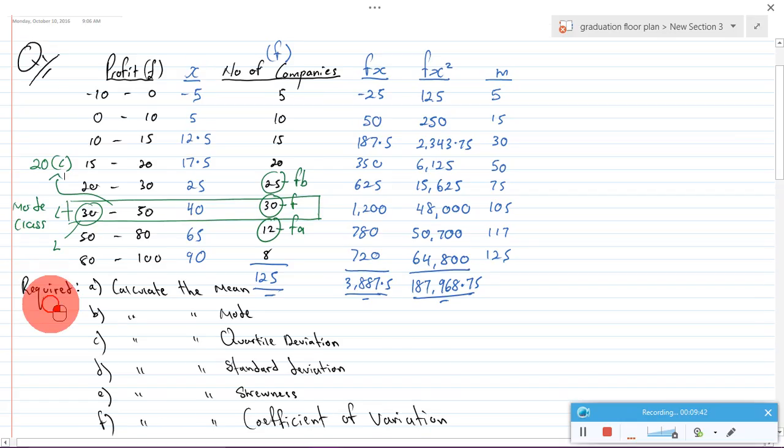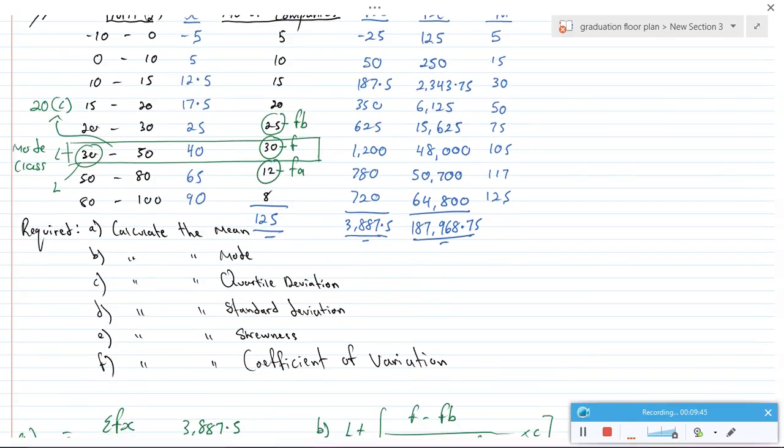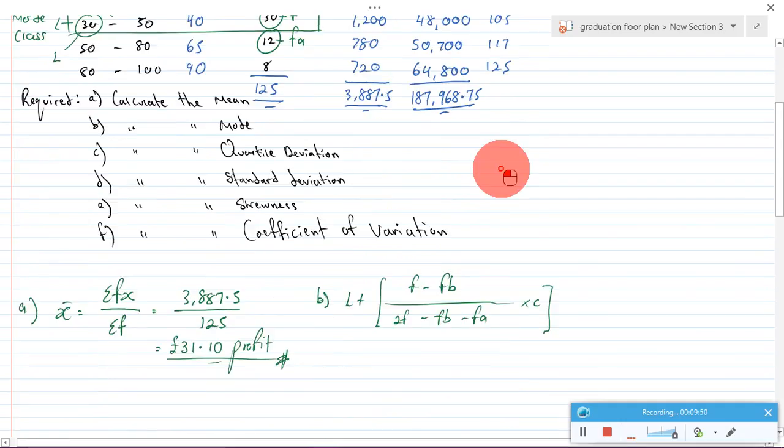Lower limit is 30 plus F is 30 minus F is 25 over 2 times 30 minus 25 minus what? times 20.